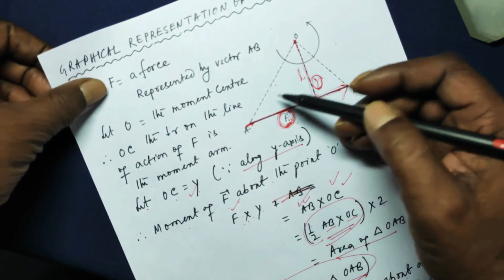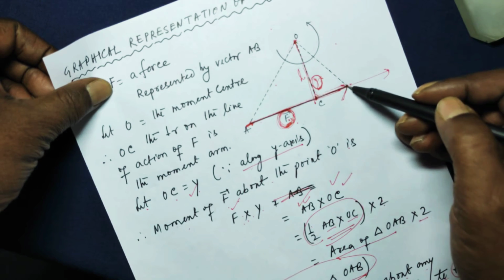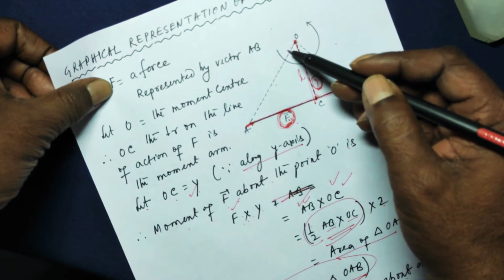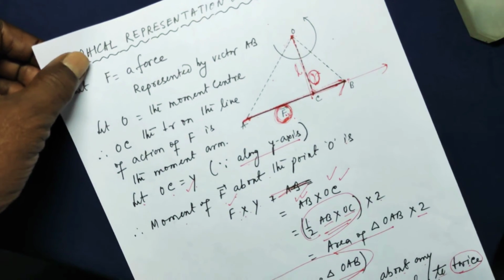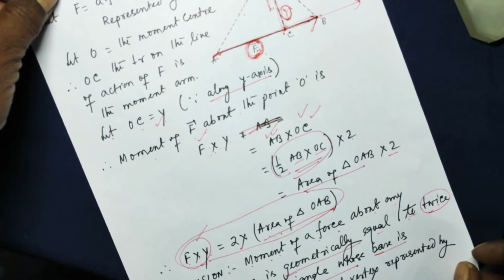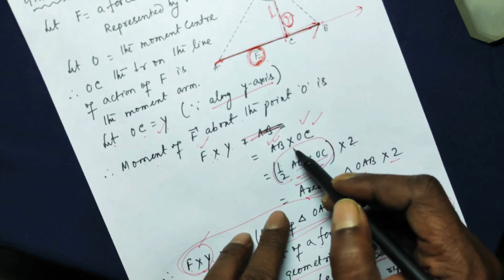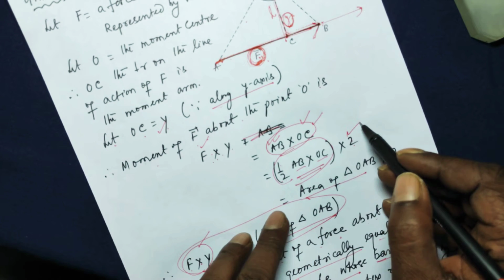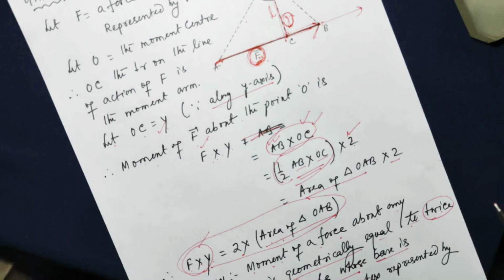Now if you join O with this end of the force and O with this end of the force, you get a triangle, and half base times the height is the area of the triangle. So what I do is bring area into the picture. I multiply this by 2 and I divide it by 2, so I have not made any changes.